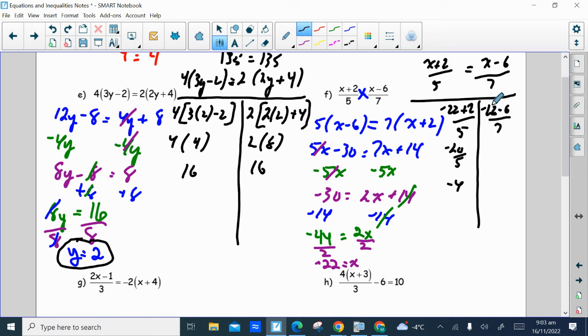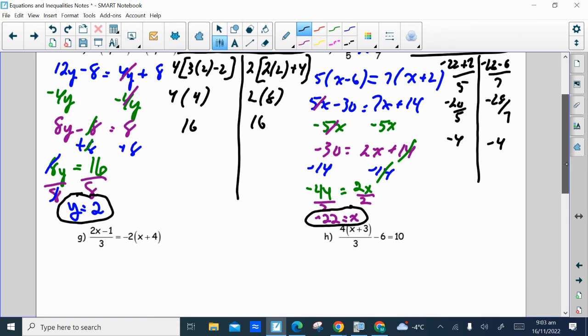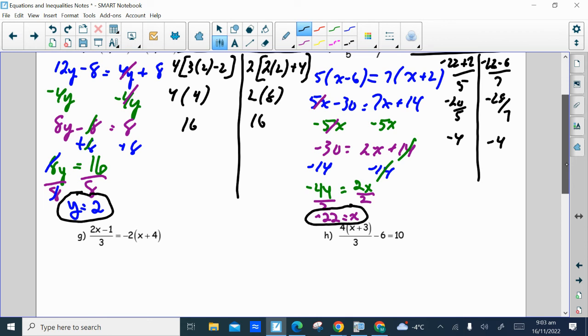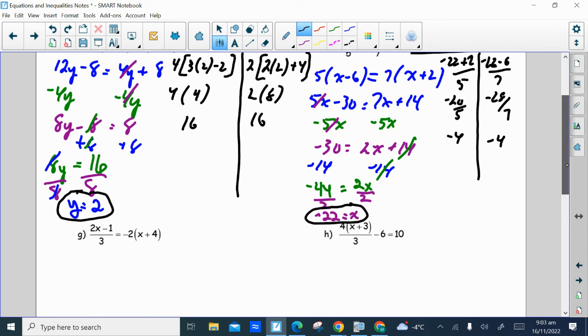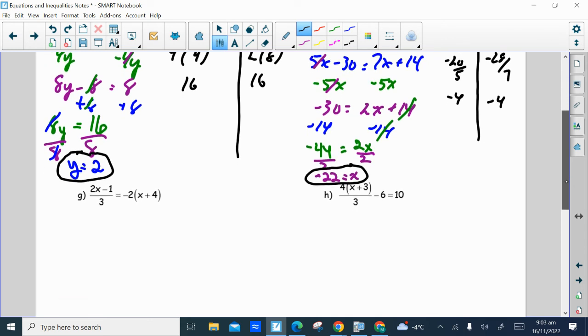And negative 22 take away 6 is negative 28. Divided by 7 is negative 4. So it checks. Our answer is correct.